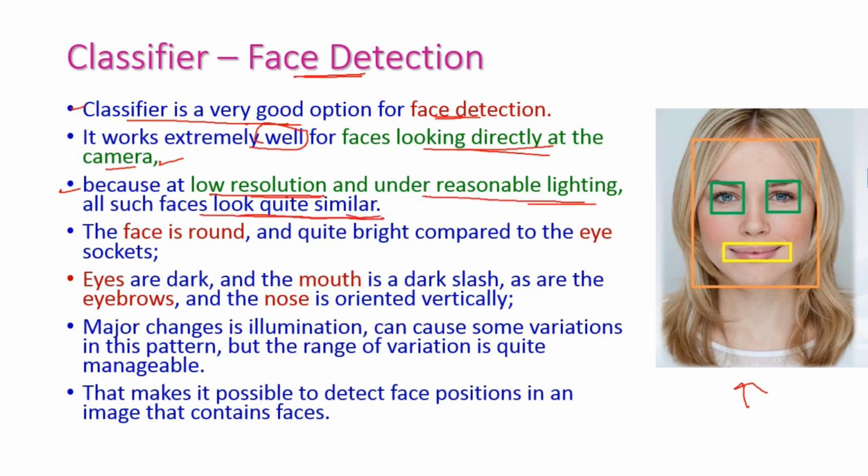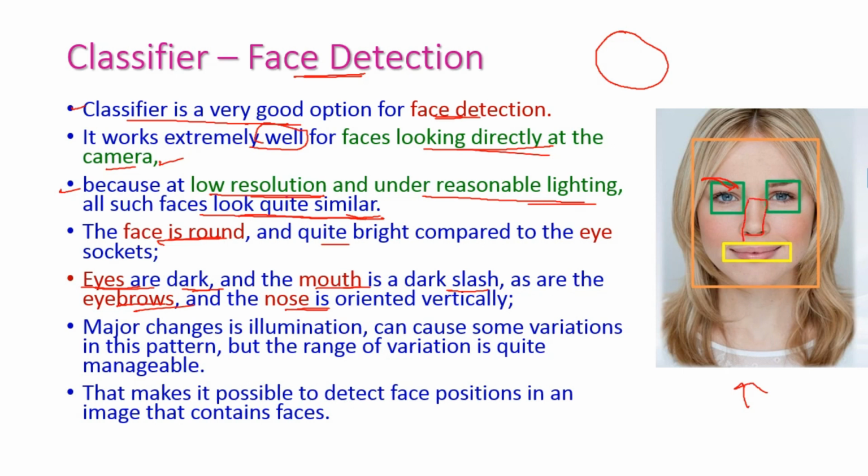All the faces are round in shape, and all the faces have eyes. Eyes are dark in color, and the mouth is also somewhat dark when compared to the face. The eyebrows are also somewhat dark when compared to the other face area, and every face has its own nose. So this is the nose.